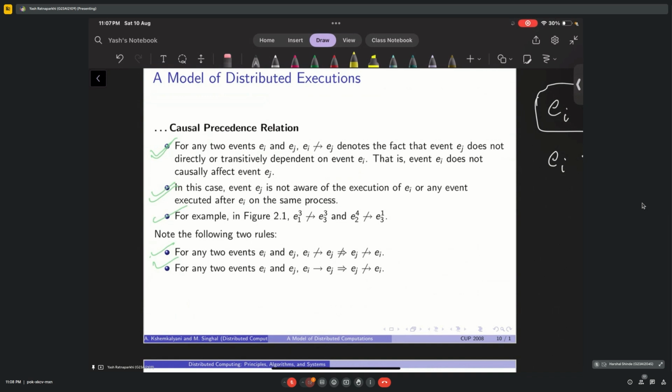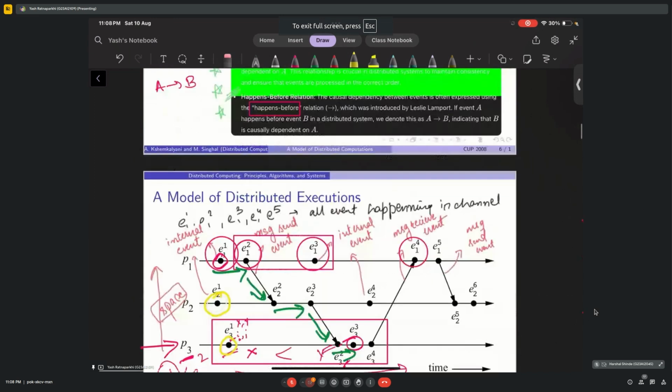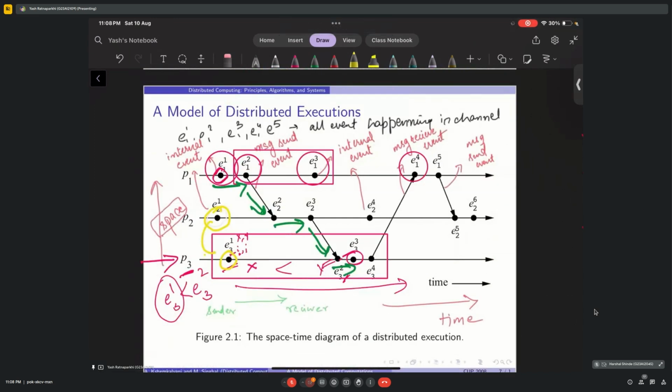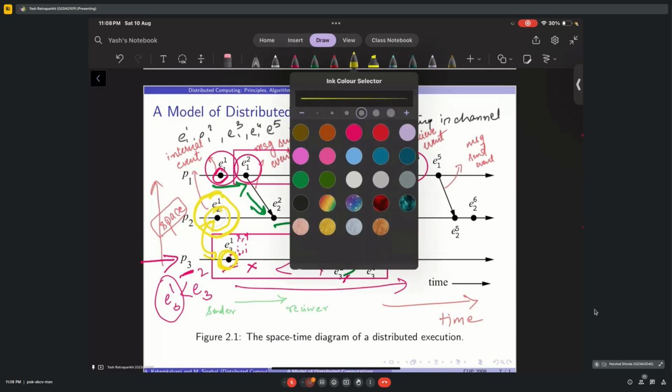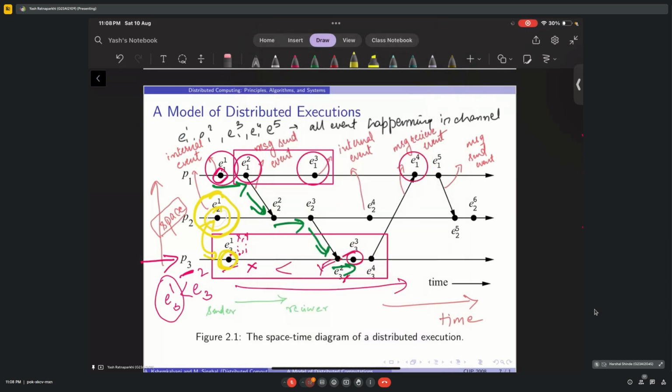Next point is, in this case, event Ej is not aware of the execution of Ei. See guys, in this scenario, since Ei and Ej do not have any direct communication or connection, this E13 will never get to know what E12 is doing or what the state of E12 is. I hope you are able to understand this, right?